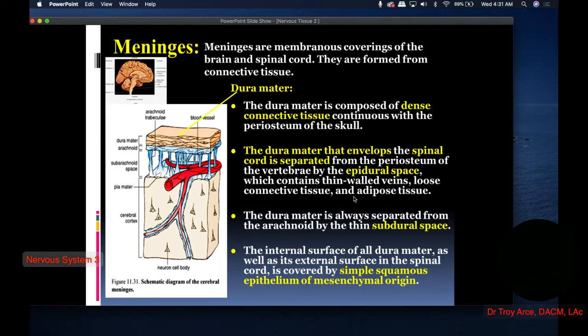The dura mater is always separated from the arachnoid by a thin subdural space, and the internal surface of all dura mater, as well as its external surface in the spinal cord, is covered by simple squamous epithelium of mesenchymal origin. So that's mesenchymal origin that we're talking about from the embryological point of view.